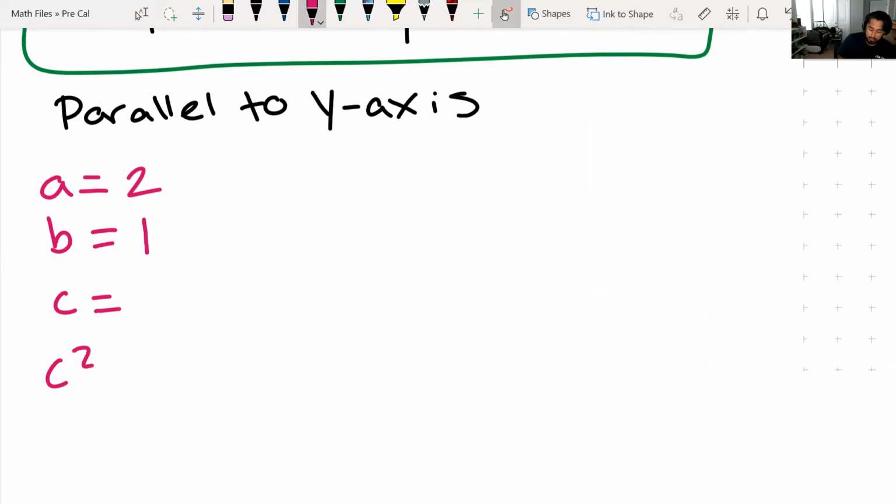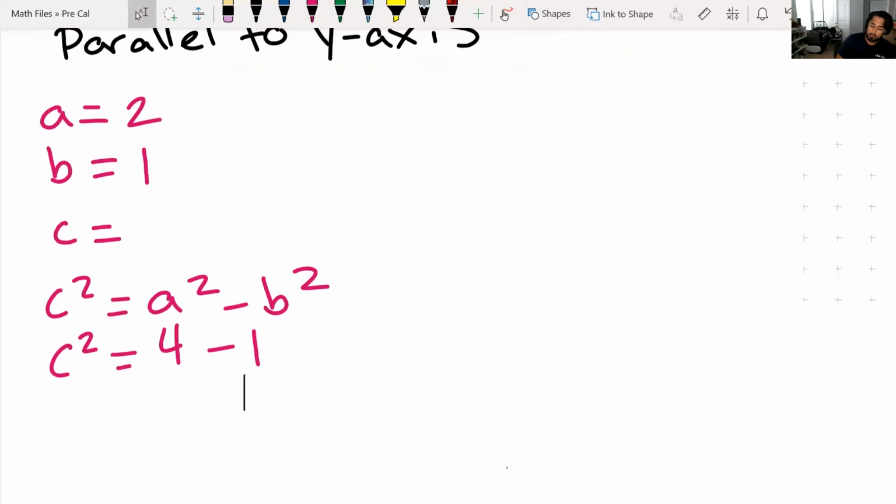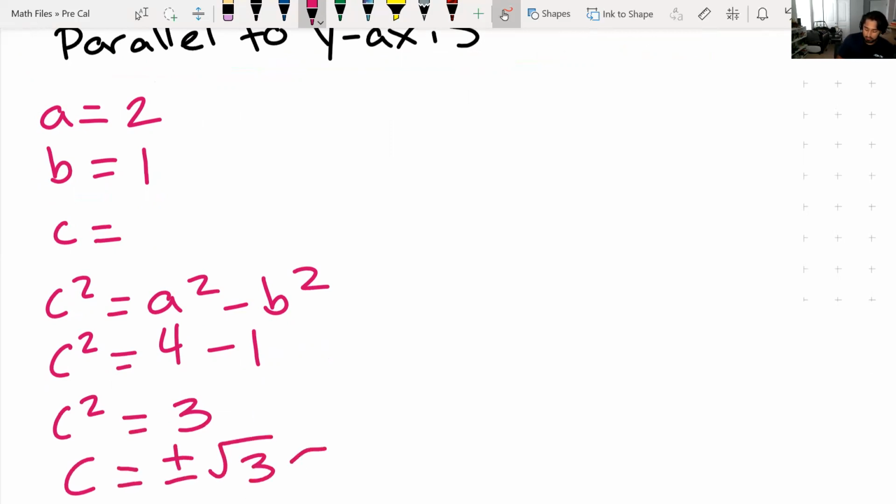And c squared equals a squared minus b squared gives us c squared is 4 minus 1, which gives me c squared equals 3, and c equals plus or minus the square root of 3, which is 1.73.